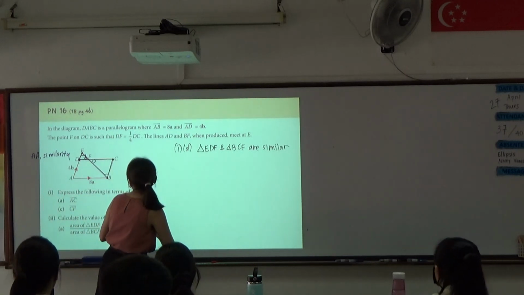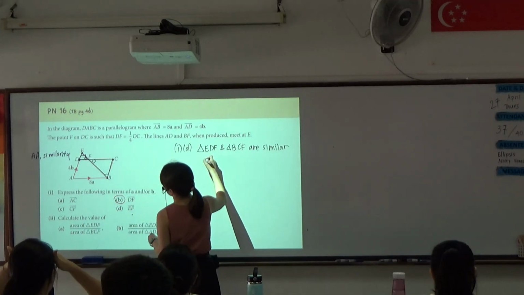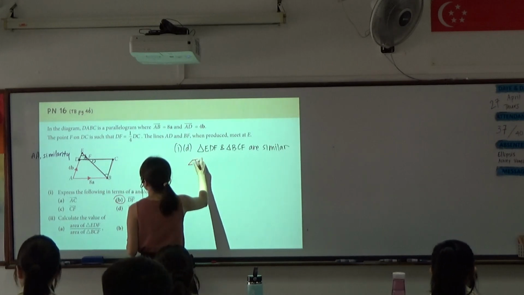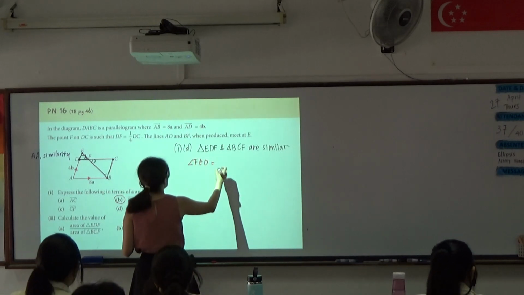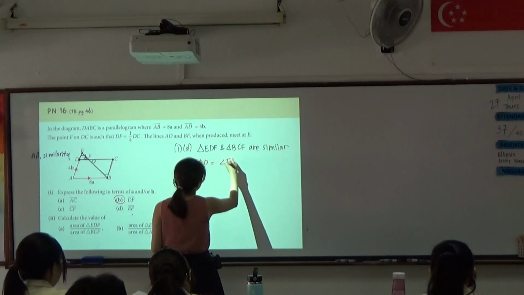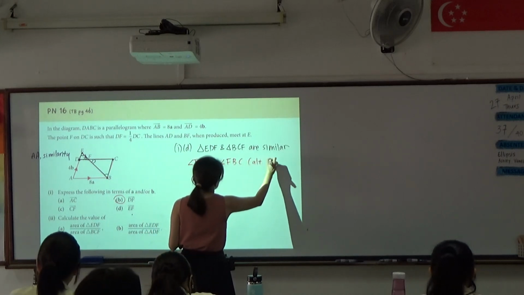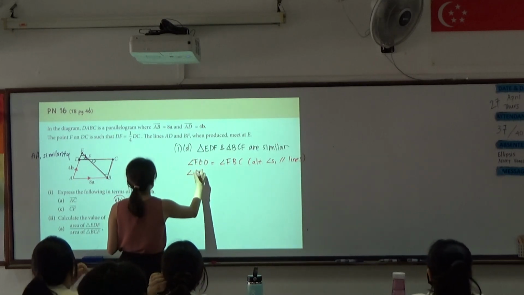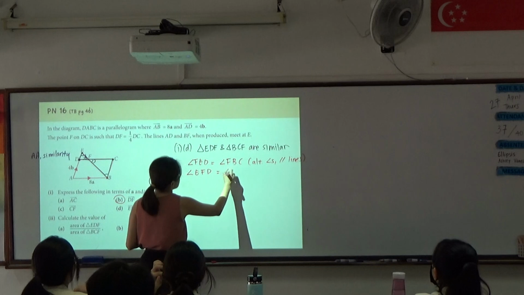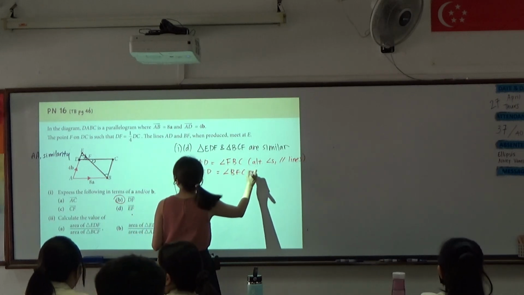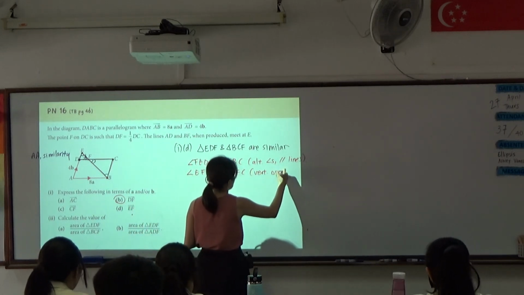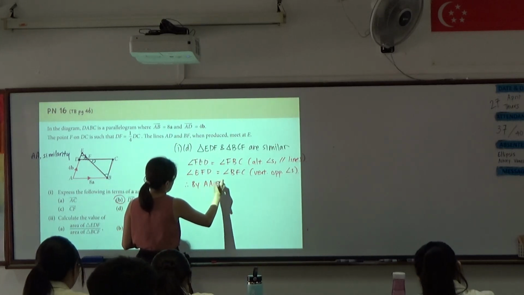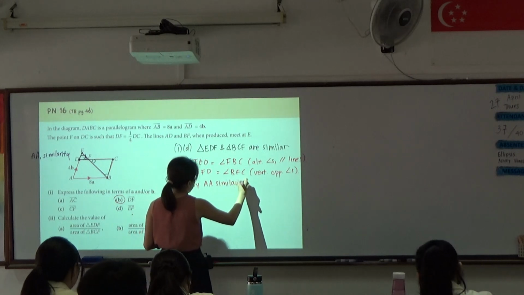Okay, so for your notes taking purposes, I'll just write down why it is similar. Alright, that is because your angle FED equals angle FEC, and angle EFD equals angle BFC, by your AA similarity test.